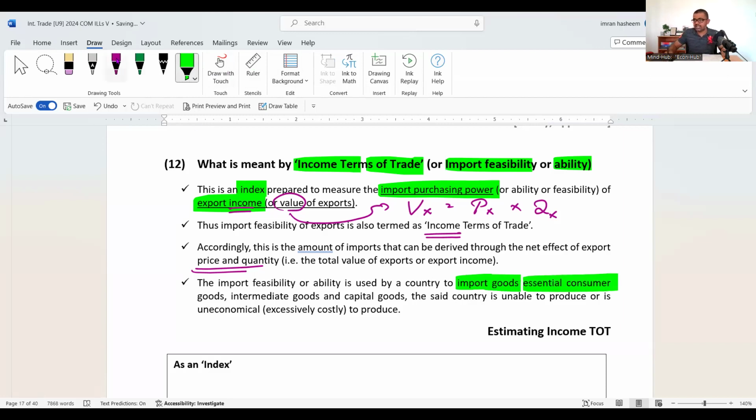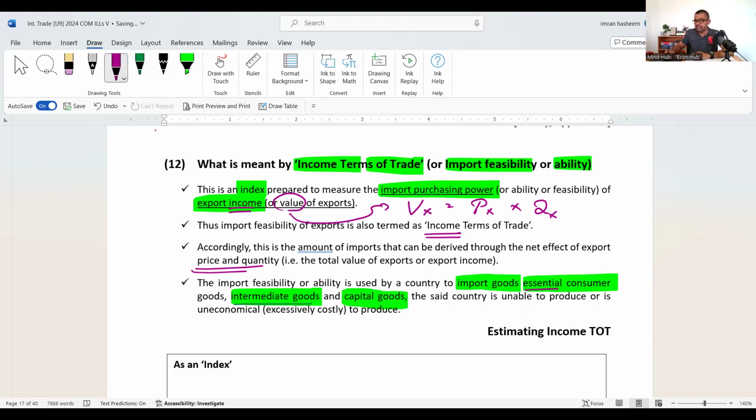So they are essential goods that we don't make within the country, but we have to import. Okay, essentials. If not, they are what? Intermediate goods, petroleum products, other inputs we need for the production process, raw materials we need, all that, intermediate goods.